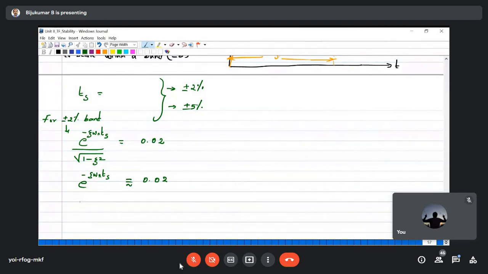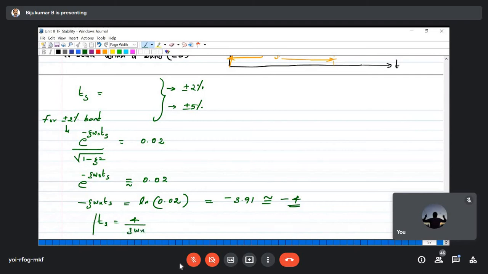Similarly, if you take natural log, you can find out ts. So minus zeta omega n ts is equal to natural log of 0.02. What is the value? I think it will become minus 3.91. So it can be approximated as minus 4. So ts becomes 4 divided by zeta omega n.